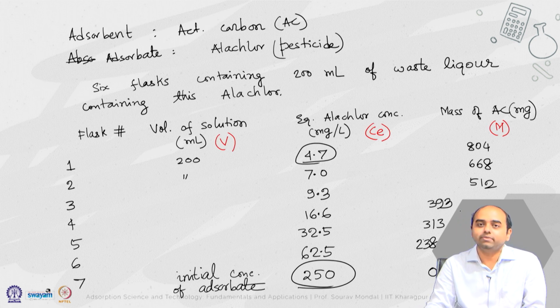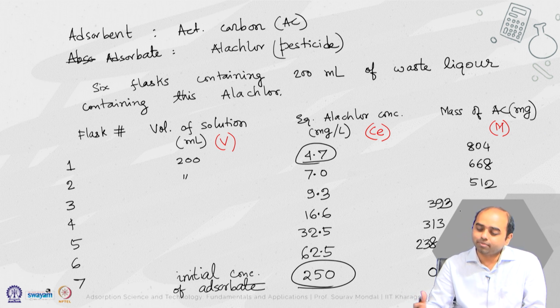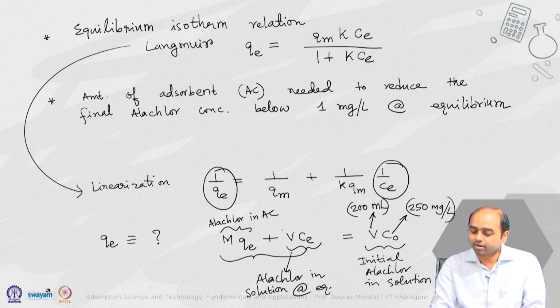The initial amount of Alachlor is 250 times 0.2 milligrams, present in all the cases, and with addition of different amounts of adsorbent, the equilibrium concentration is reduced. From there we can work out the Qe values in this case.